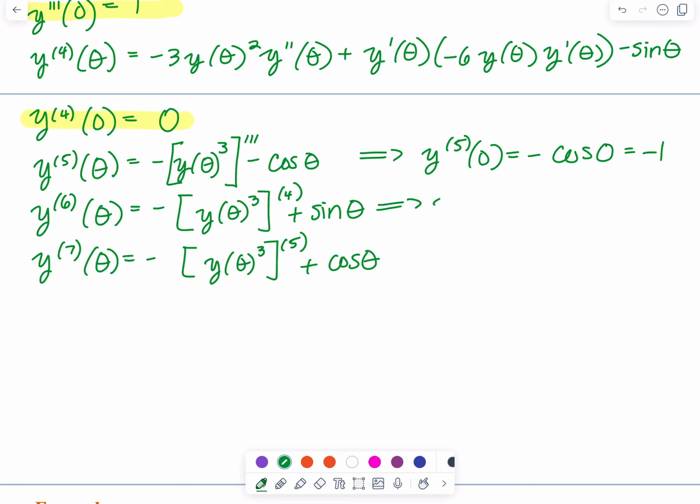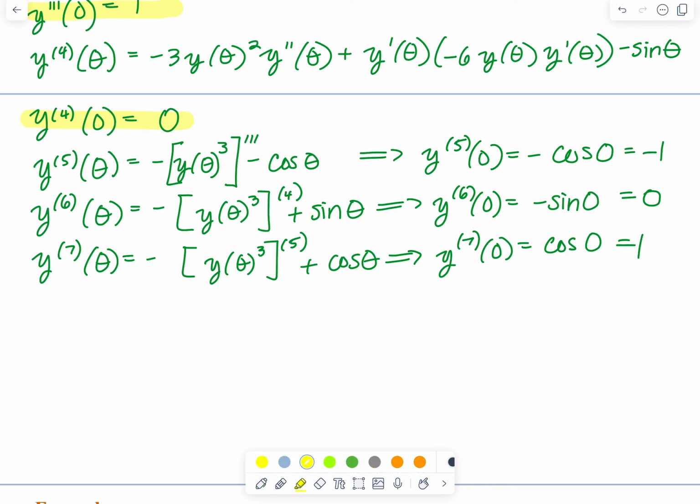Here, the sixth derivative evaluated at 0 will have the opposite of the sine of 0, and we do have 0. Here we have the seventh derivative evaluated at 0, and we will have a positive cosine of 0, which is equal to 1.